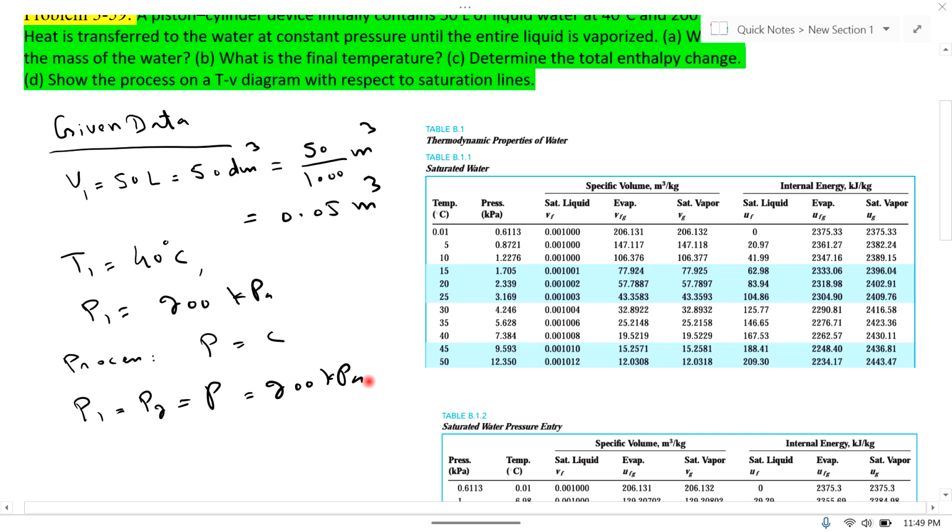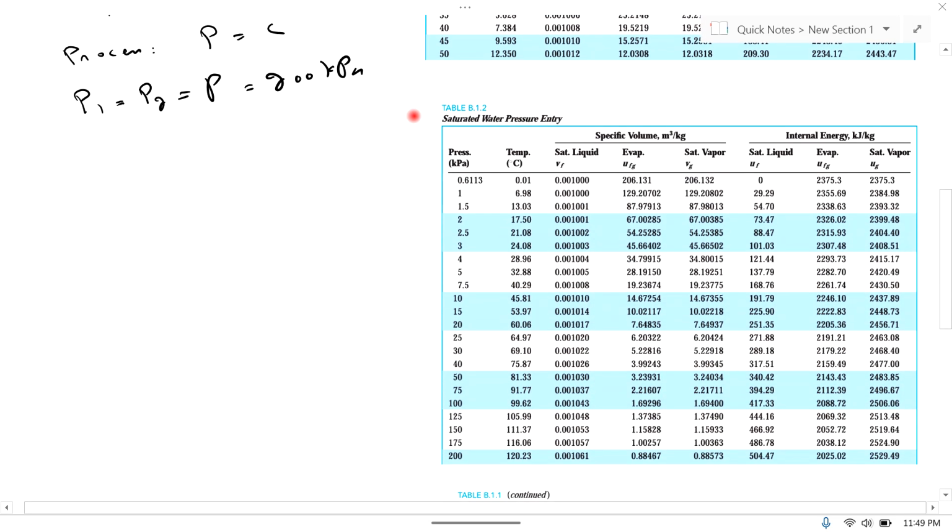And at the end of the process, the entire liquid is vaporized. Vaporized means that finally the steam is saturated. So finally the entire liquid is vaporized.